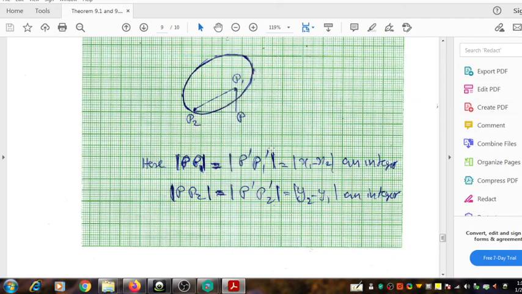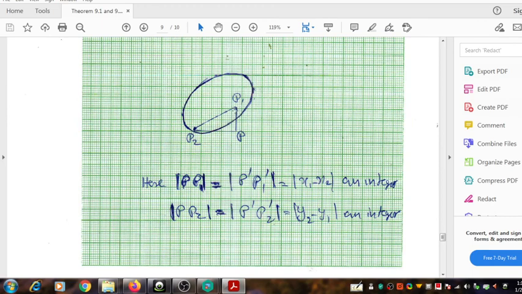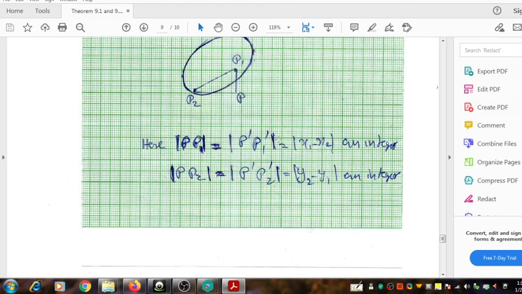We can conclude that in the last stage we have obtained 2 points P1 and P2, which correspond to P1 prime and P2 prime, with coordinates x1 y1 and x2 y2. When we take the difference of the coordinates as x2 minus x1, that's an integer, and when we take the difference of the y coordinates, that also is an integer.